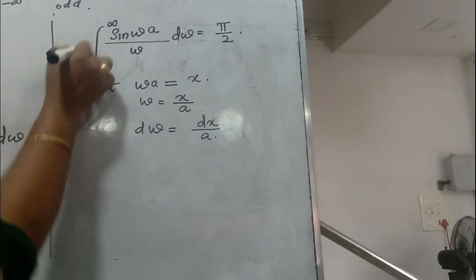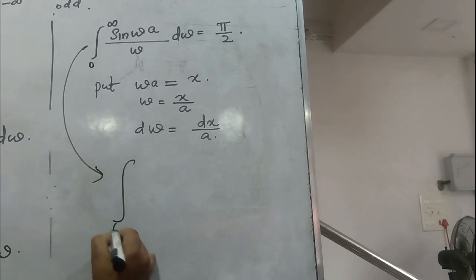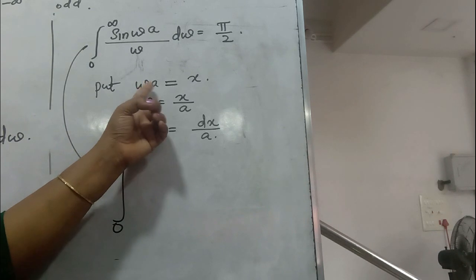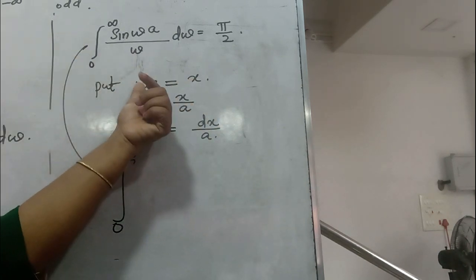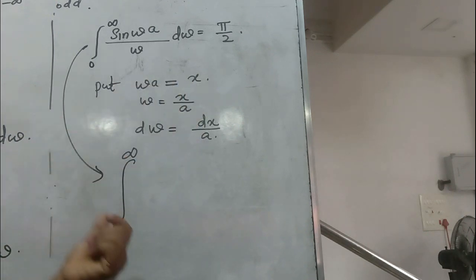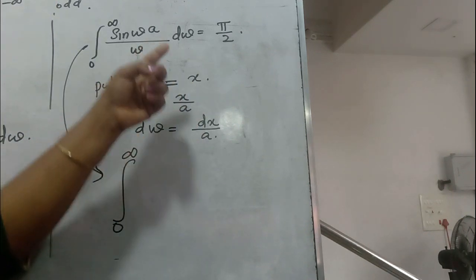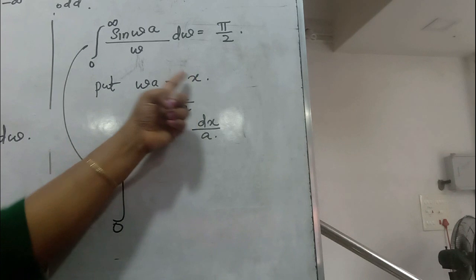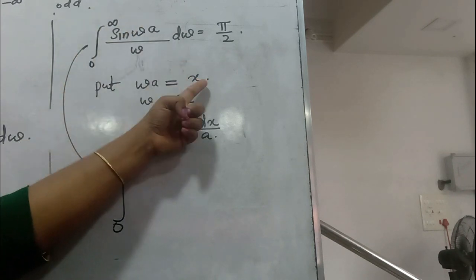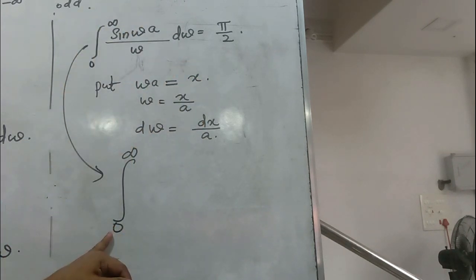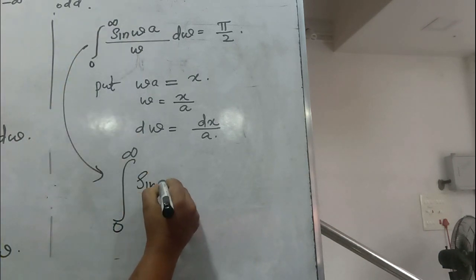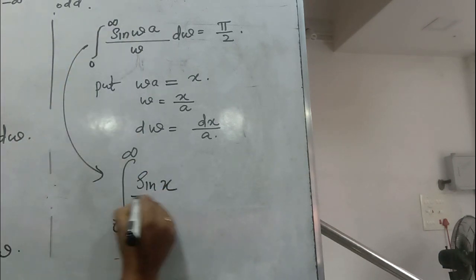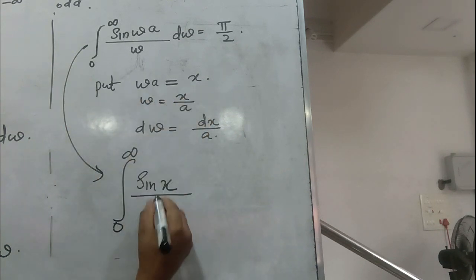Now this term becomes the integral from 0 to infinity, replacing omega a with x. There is no change in the limits. When omega is 0, x is also 0. When omega is infinity, x is also infinity. So the integral from 0 to infinity of sin omega a is sin x, by the denominator omega, which is x by a.